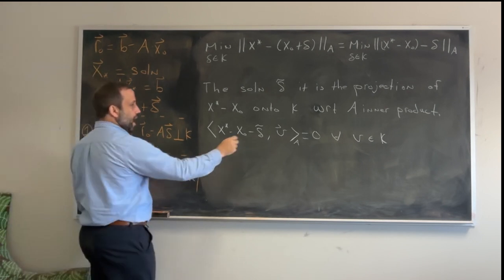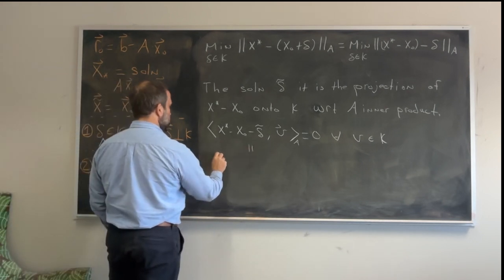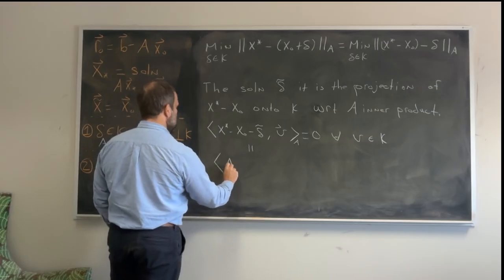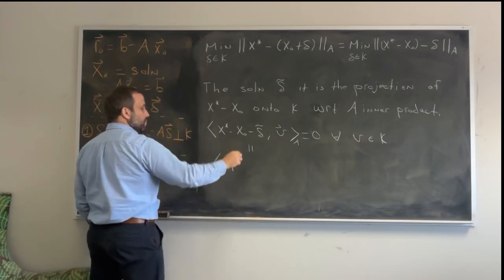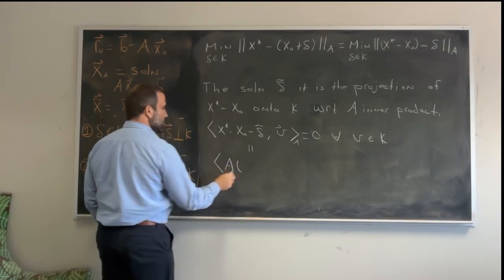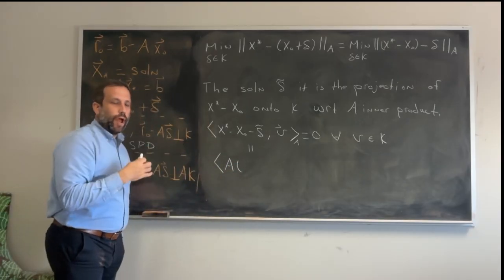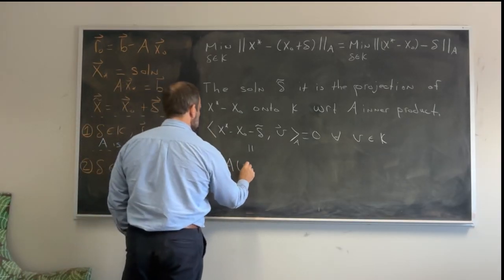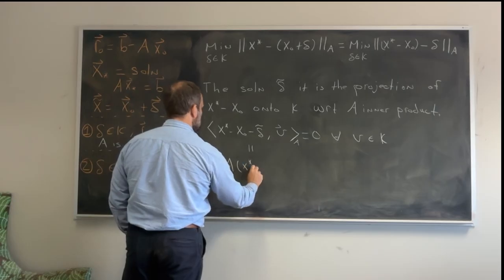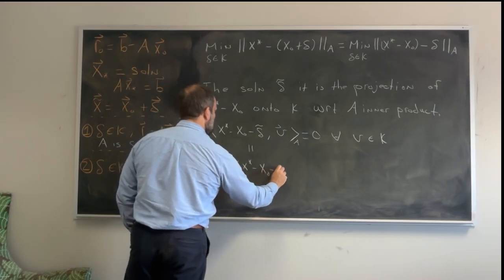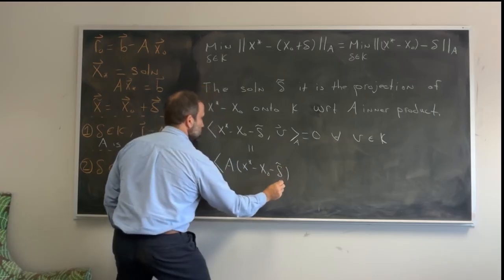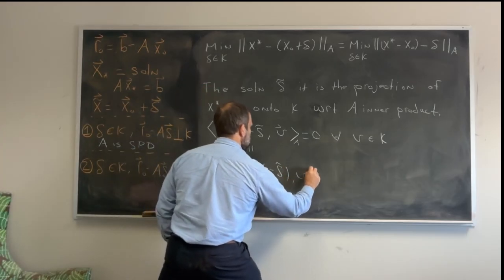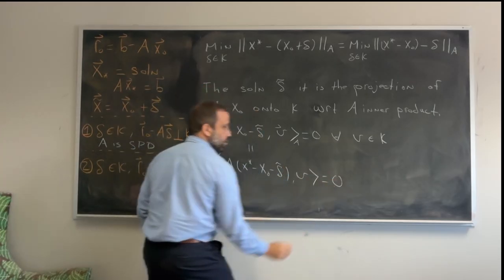Well, if we write out the definition, it's A times the left component, and the right component stays the same. A is symmetric, so we could also put it on the right component. So we want the inner product of A times x star minus x naught minus delta tilde, comma V, to be equal to 0.